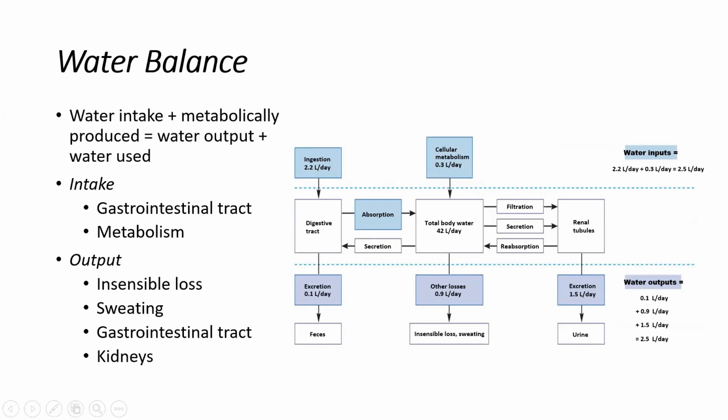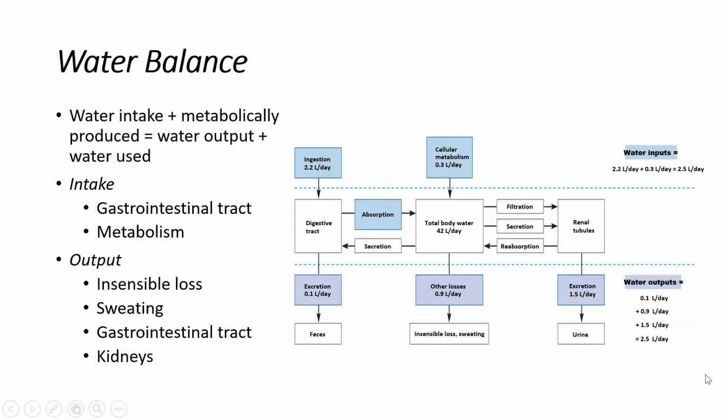All right, I'm not going to go over the details of this flow chart again, but I will just think about the values here in terms of the volumes. We input about 2.5 liters per day, drinking or ingesting via food 2.2 liters, and then creating via cellular respiration 0.3 liters. So that's 2.5. And so we should be outputting that same amount of water per day.